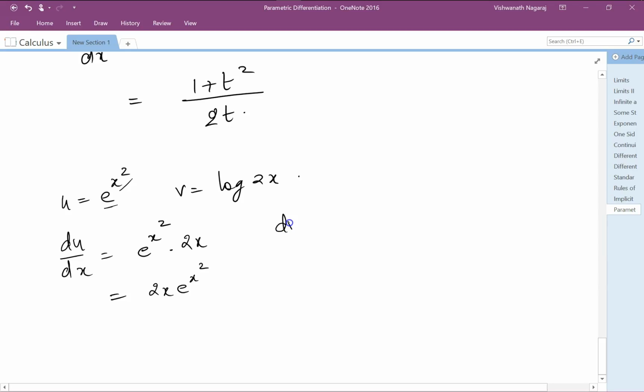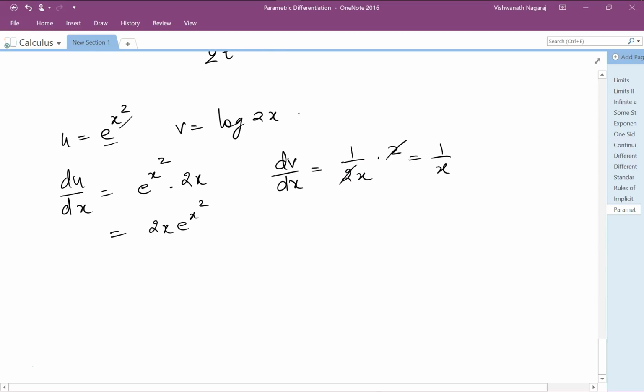Okay. Now dv by dx is equal to 1 by 2x times 2. So 2 gets cancelled. We are left with 1 by x. Now here you have to be very clear whether it will be du by dv or dv by du. So here the question says differentiate u with respect to v.